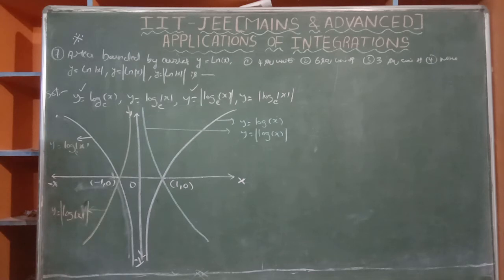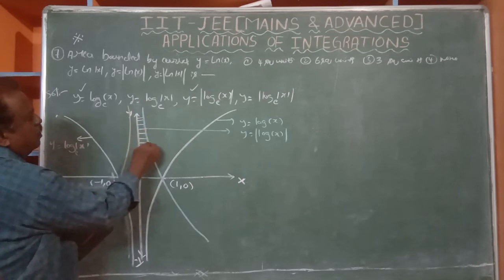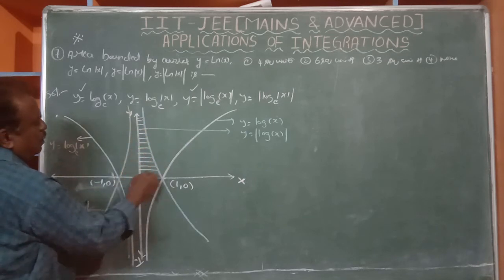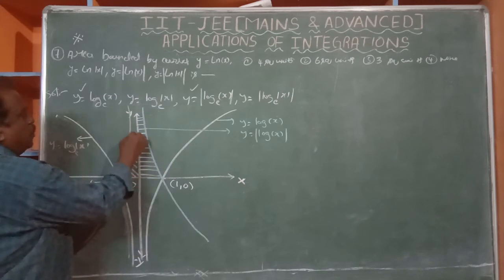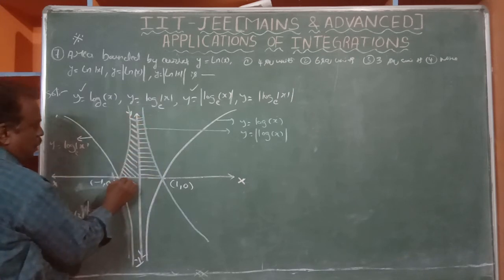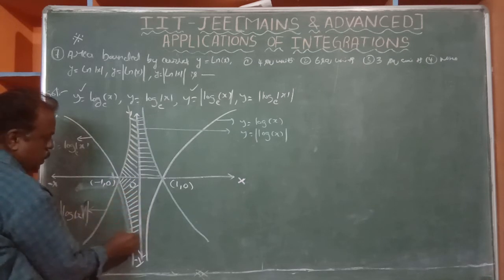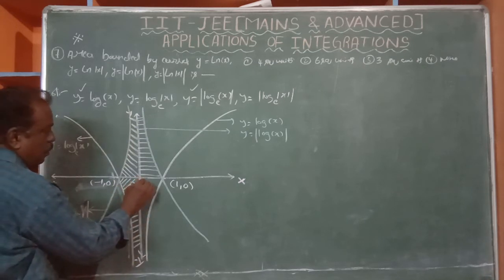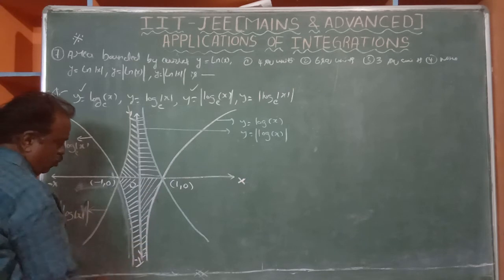The included area, this is the area. It is in the first quadrant and second quadrant, like this. Okay now?